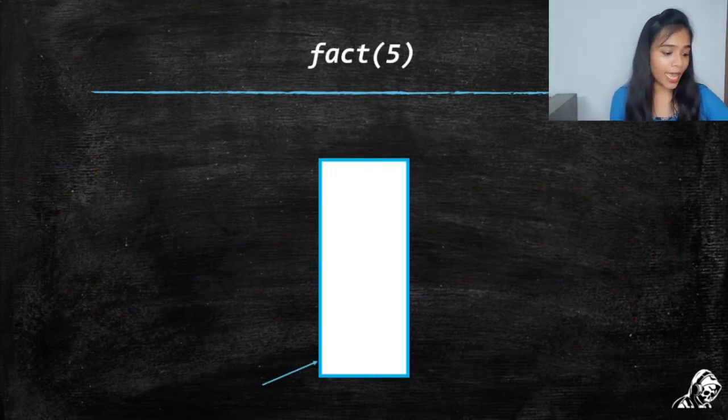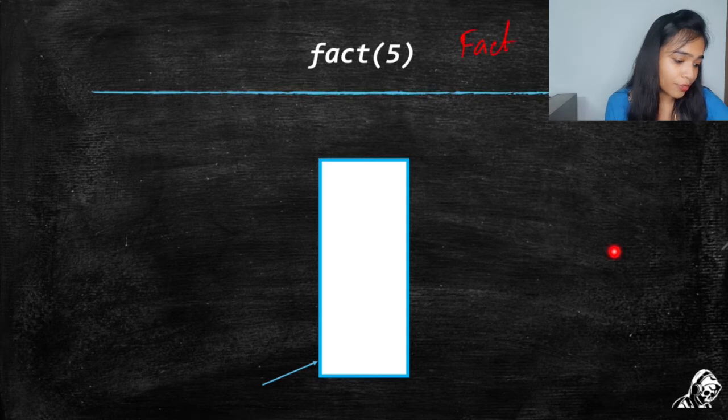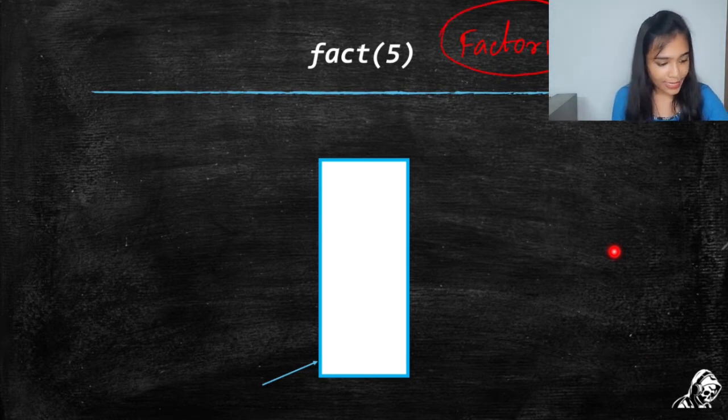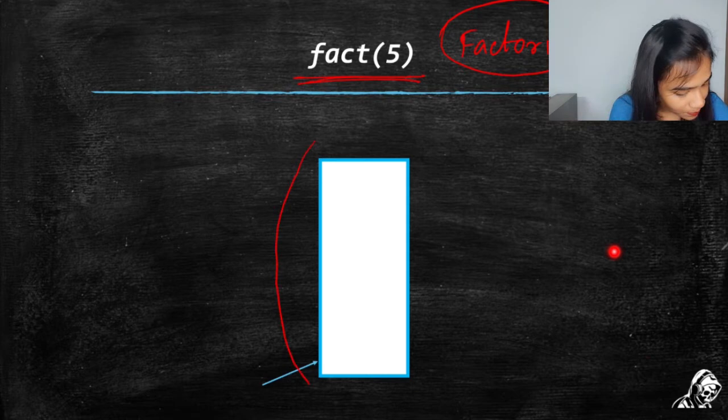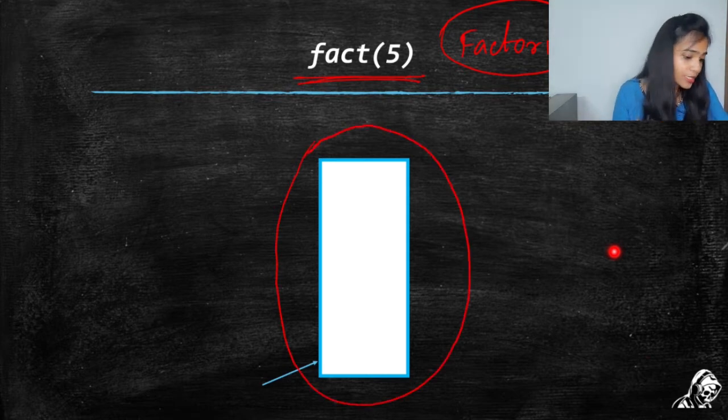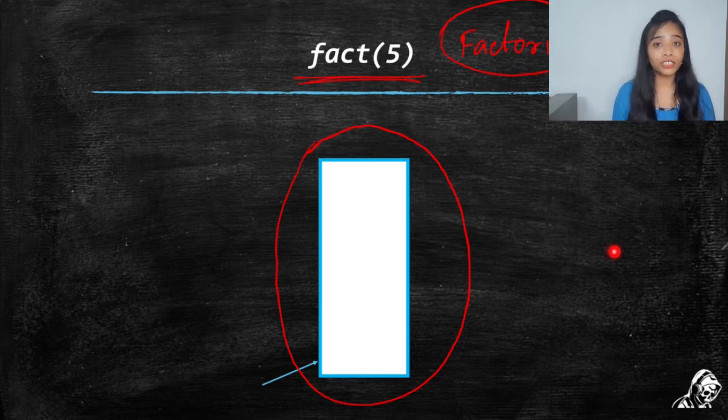Let's say I want to calculate the factorial of 5. Now this is my factorial function, and this is our stack memory. So how is this going to be called? How does the compiler know which function to call after which, and which part of the code execution the output value is to be used for? That is what we're going to see right now.